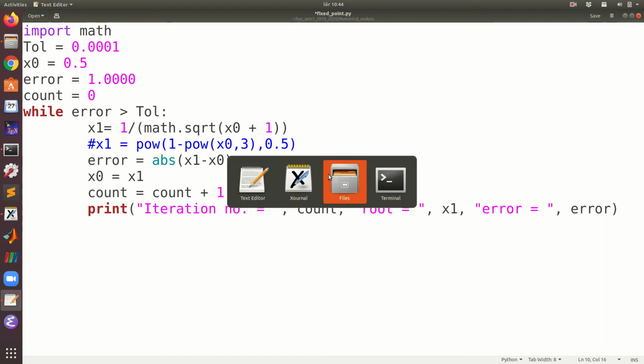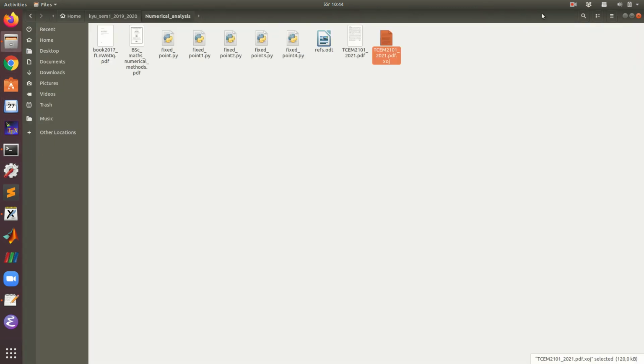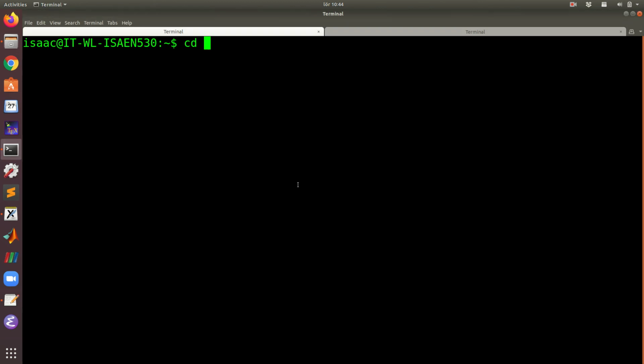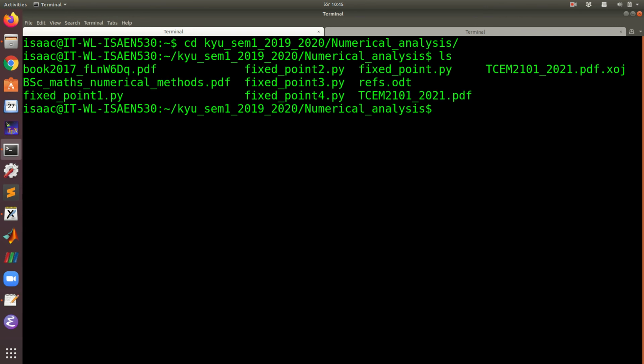Then we can run it here. Remember that you will be using MATLAB. I should have already set it to the folder where I wanted to run it from. Yes, it is here.